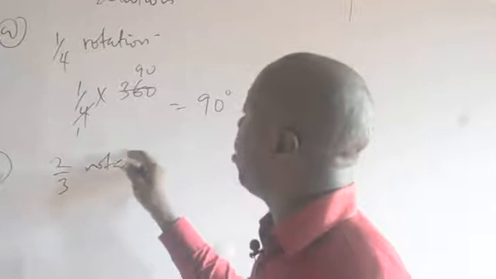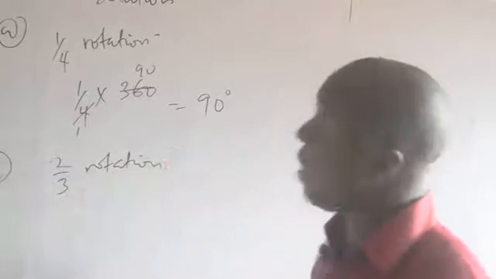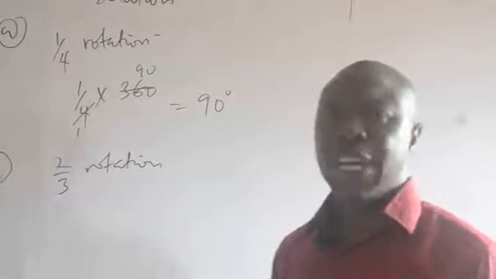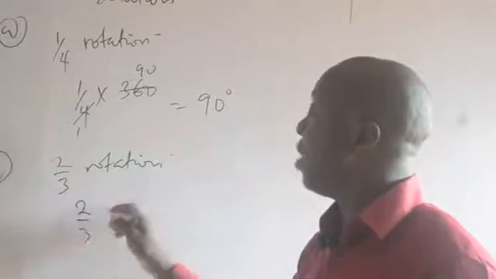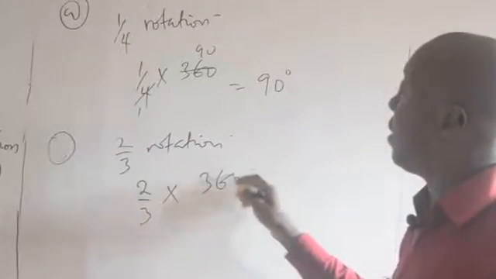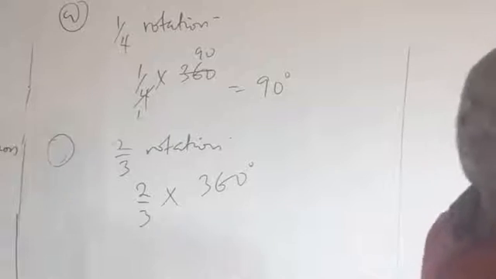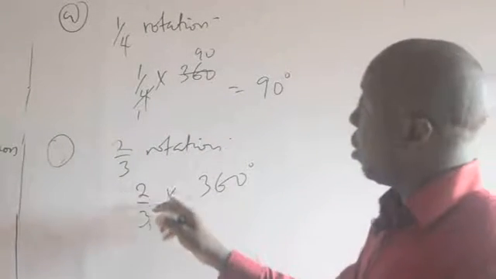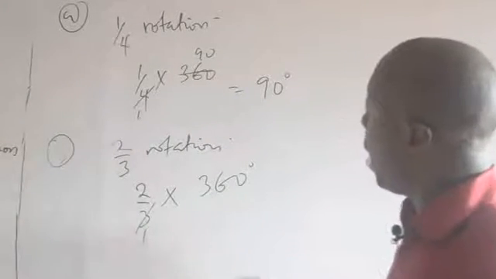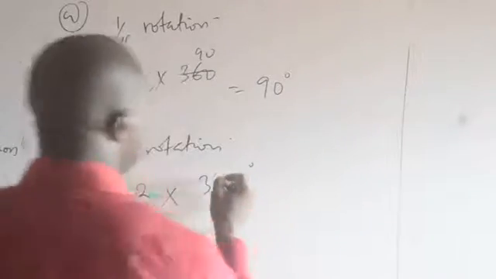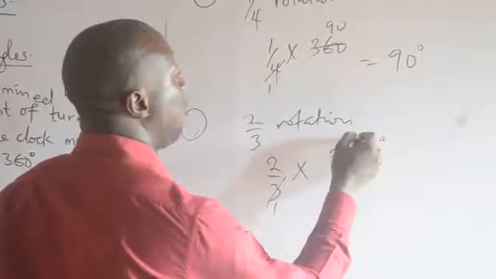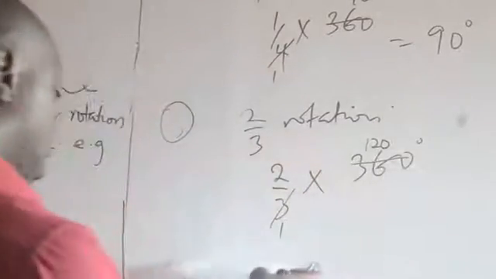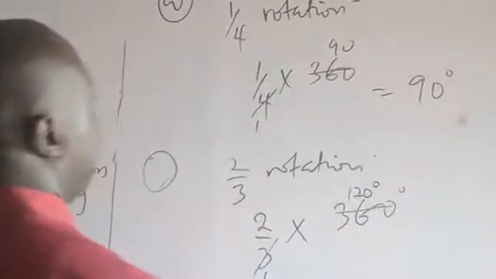2/3 rotation. If you are to calculate 2/3 rotation, you are expected to multiply 2/3 times 360 degrees. 3 divided by 3 will give us 1, and 360 divided by 3 will give us 120 degrees.